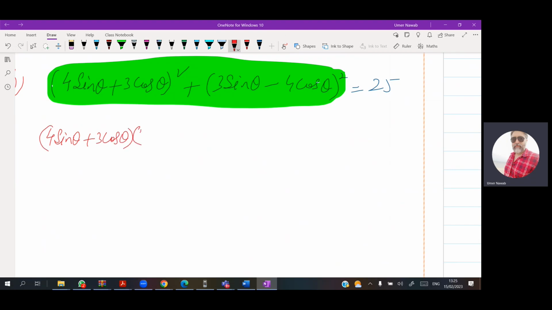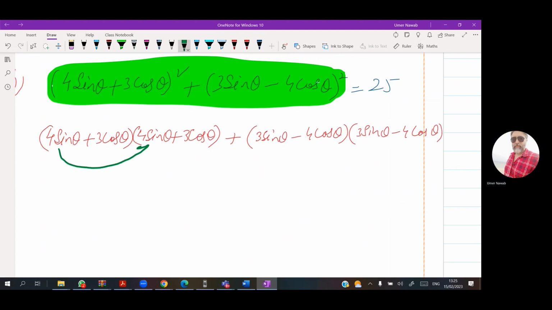Again, I multiply 4 sine theta with 3 sine theta. Okay, same thing is written. I will repeat these two brackets in multiplication: 3 sine theta minus 4 cosine theta and 3 sine theta minus 4 cosine theta. Ready? Now multiply them. 4 times 4 is 16.